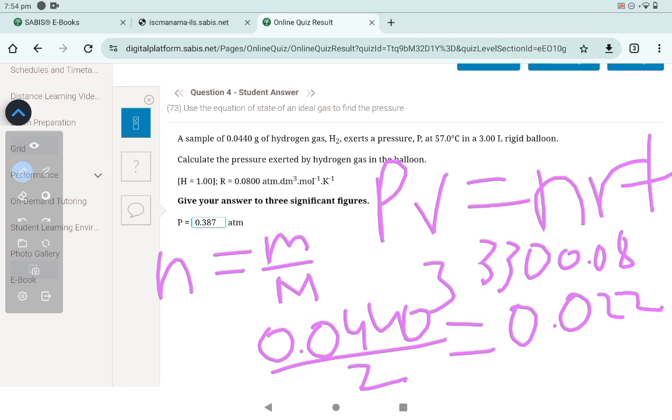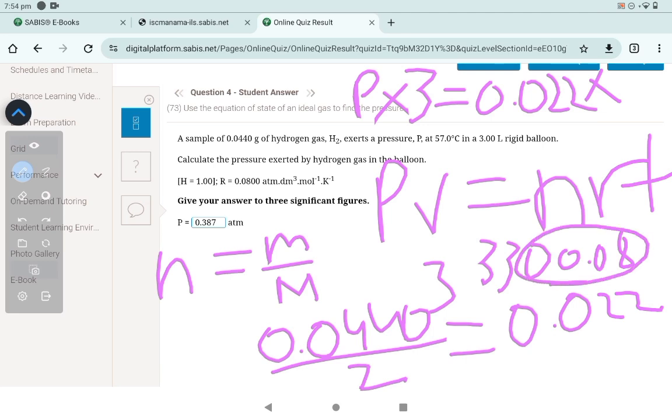We just need to find the pressure. So P times 3 is equal to 0.022 times R, and multiply that by the 330.